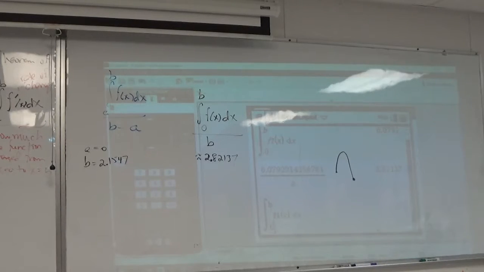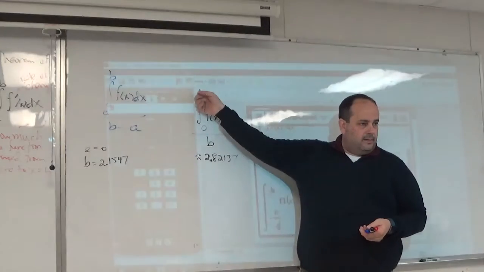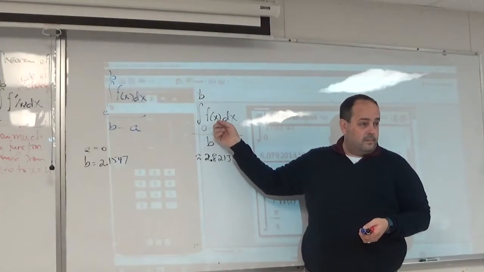So you've already done that. That's good. Go over to the calculator. Then you're going to type in this integral expression, from 0 to b of your function.